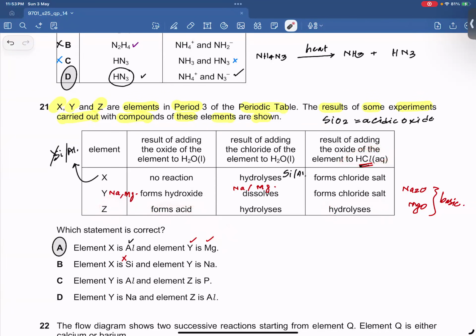Z जो है वो कंफर्म नहीं है कि क्या चीज है हमारे पास. It could be an acidic oxide but cannot react with acid, which means ये कुछ और ही चीज है, but इसकी डिस्क्रिप्शन करेक्ट नहीं है हमारे पास, which means we need to ignore Z because it's not confirmed what sort of element is that.